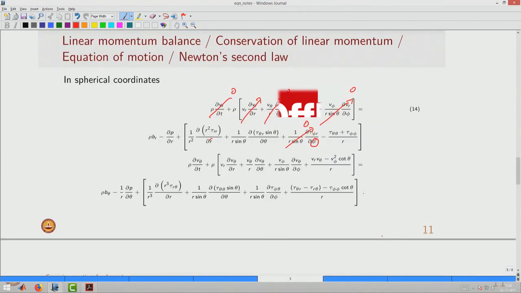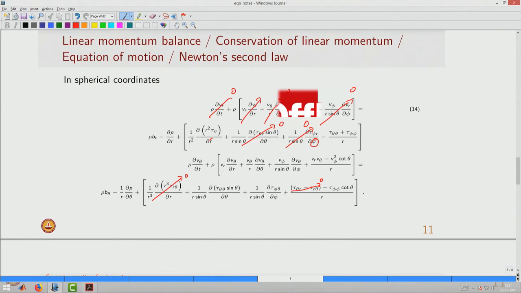We can then say that the stress tau theta r will also be 0, and similarly here we will have tau theta theta which will not be 0 because this is a normal stress, tau r theta will be 0, and similarly these terms will be 0, tau phi phi may not be 0.